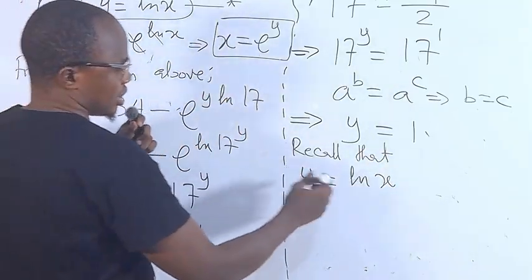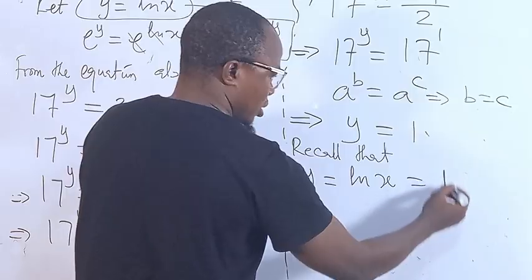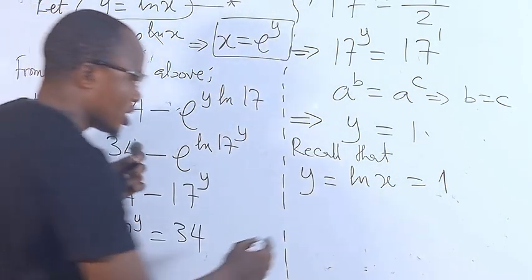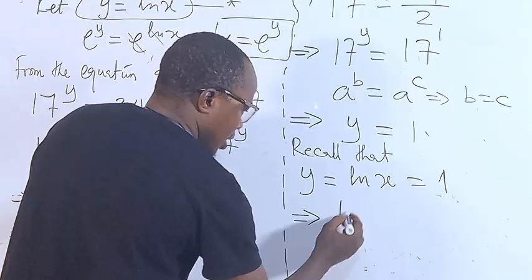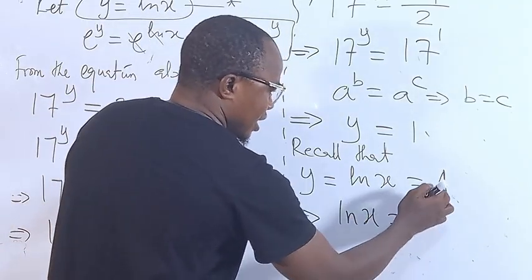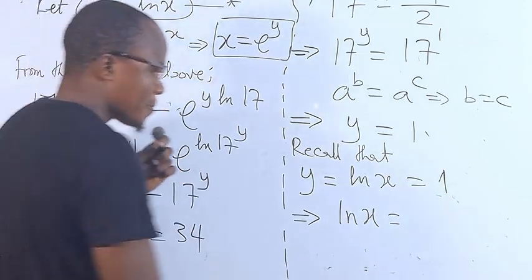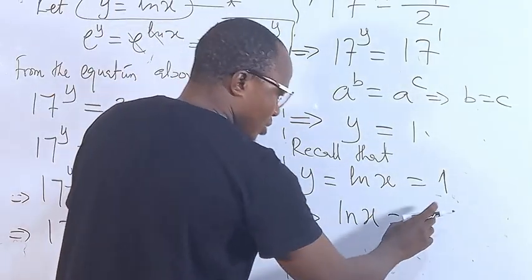And that is the same thing as, because y is given to be 1, are you getting it? So this implies that ln of x equals 1. We have ln of x here and we have 1 here.